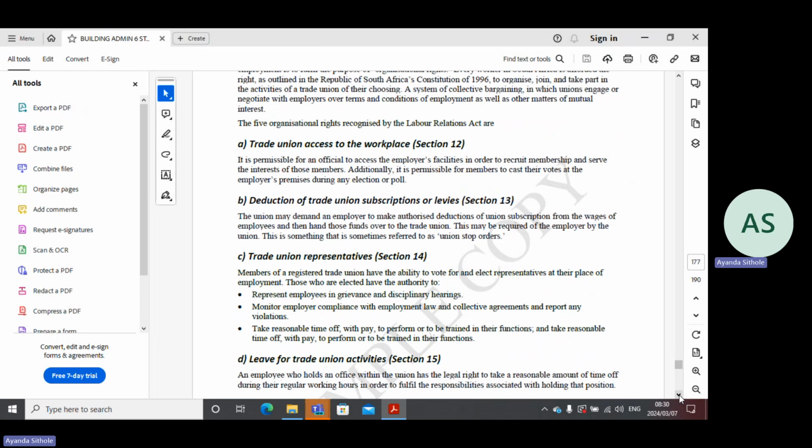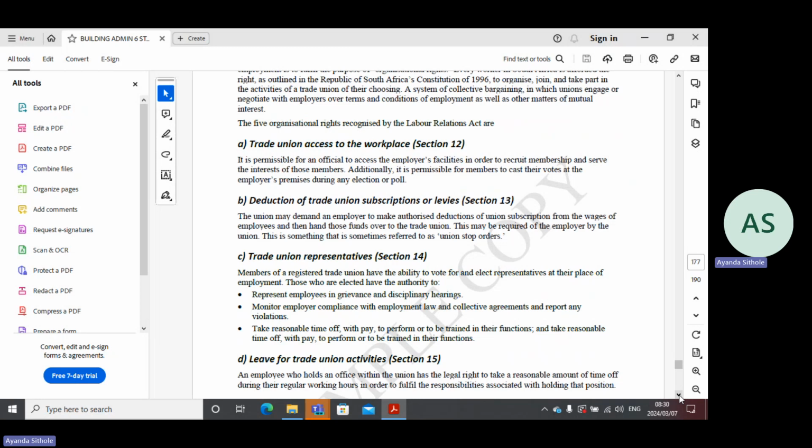Members of a registered trade union have the ability to vote for and elect representatives at their place of employment. Those who are elected have the authority to represent employees in grievance and disciplinary hearings, monitor employer compliance with employment law and collective agreements, and report any violation.